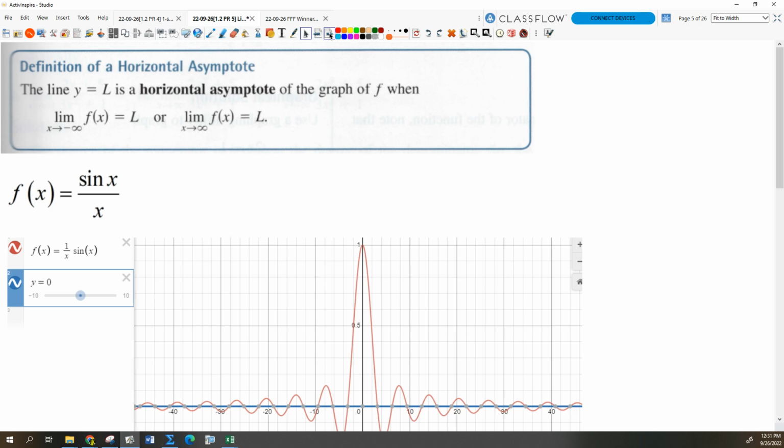If the behavior becomes consistent, and the function more and more closely approaches a specific y value the further I go to the right or the left, then that constitutes a horizontal asymptote. What is a horizontal asymptote? It's just a line that the function tends to stick to as you get closer and closer to infinity or negative infinity. For a vertical asymptote, what did that mean?